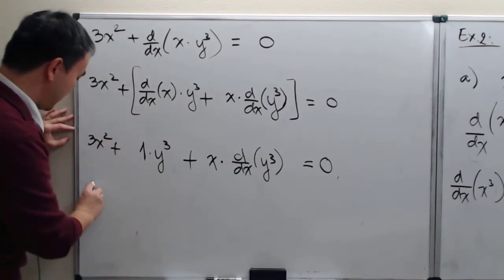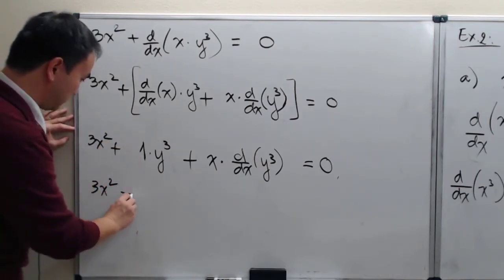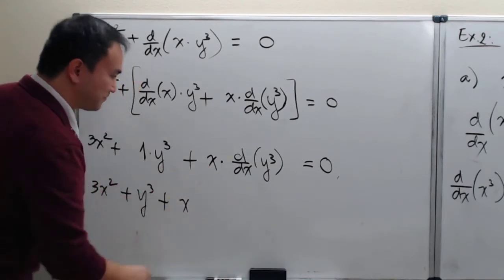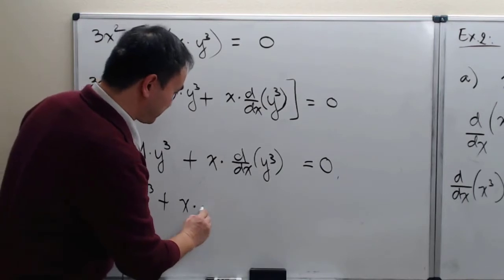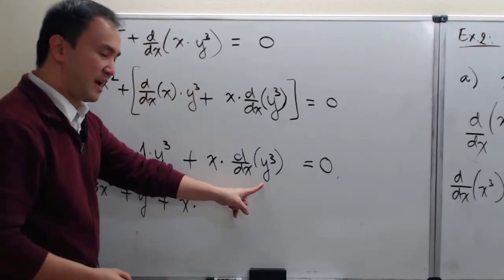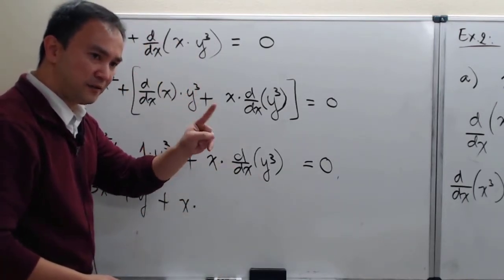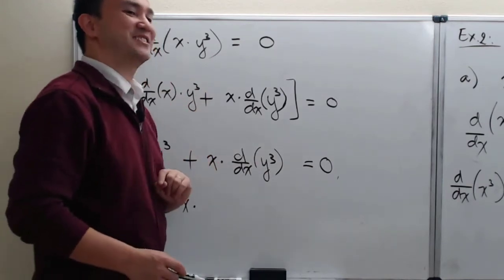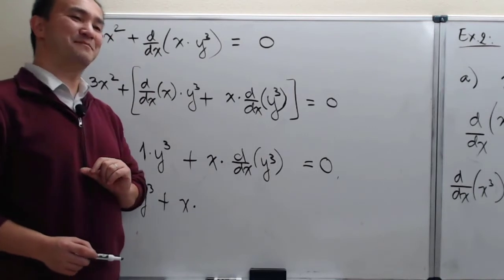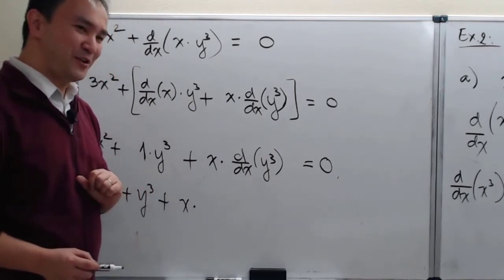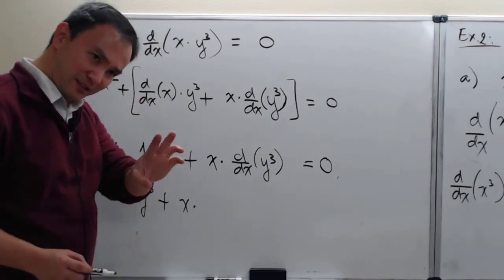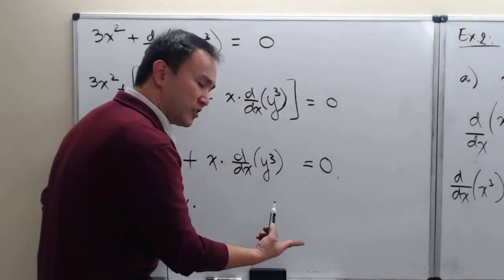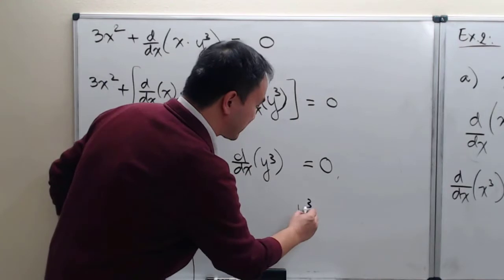So in my next step, 3x squared now is done, plus y cubed, plus the x factor is here. Okay? Now, just like what we've had, y is a function of x. I hope I didn't mention that too many times, but there is a whole reason for saying that. Because if y is a function of x, then look at this y cubed by itself again.